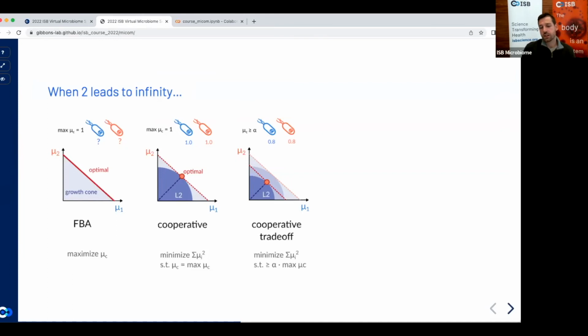And you'll see in the next slide why this is sometimes more biologically relevant than that optimal solution along that maximal community growth rate line. Methods for choosing a trade-off parameter are covered at the end of the course notebook. So if you're interested in performing your own analysis with Mycom, I urge you to take a look at that after the course is complete.